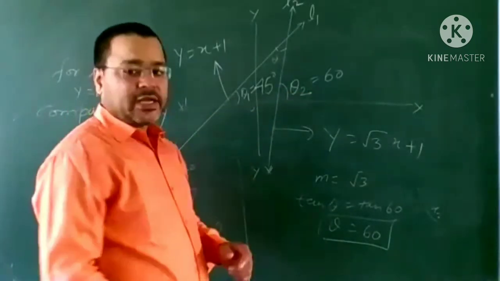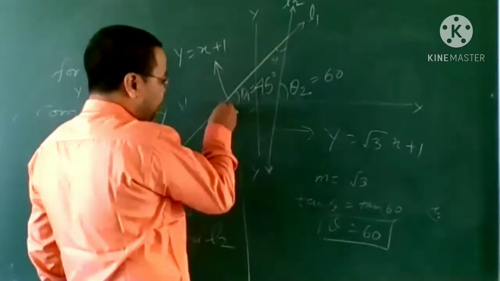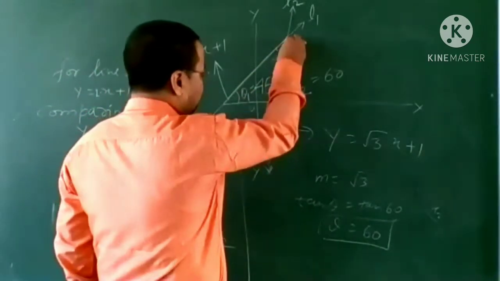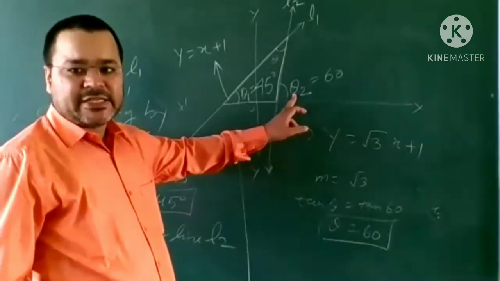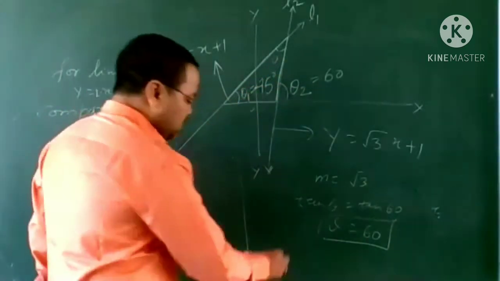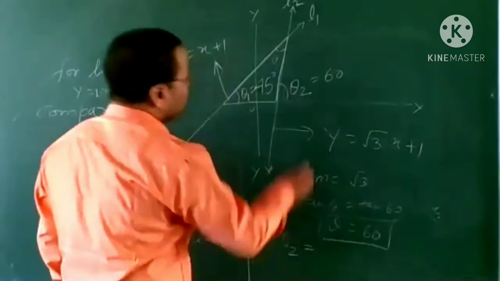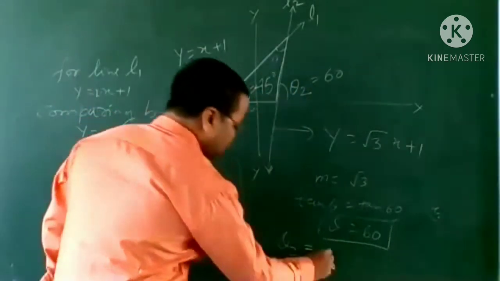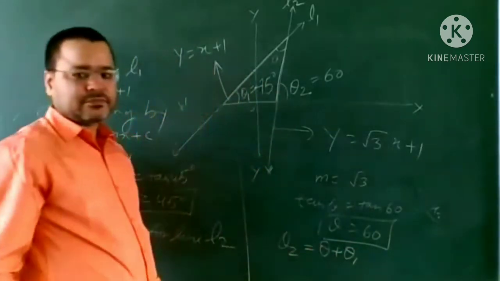And listen, we know that if we think about this triangle, this will be exterior angle. And exterior angle is equal to sum of the opposite interior angles. It means theta 2 is equal to theta plus theta 1.